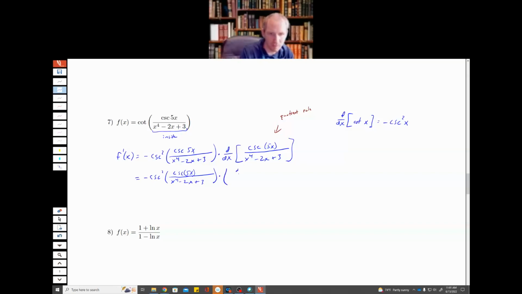Quotient rule is the derivative of the top times the bottom left alone, minus the top left alone times the derivative of the bottom, all over the bottom squared.